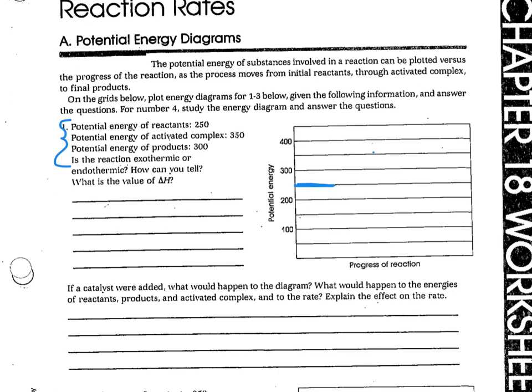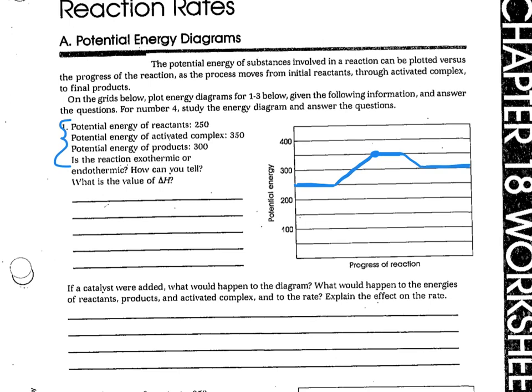So when it's activated, it's up here at 350. That means our activation energy itself is 100. So we're going up to there. Then the potential energy of our products is 300. So at the end, we're here. So you can see that's what our graph will look like.